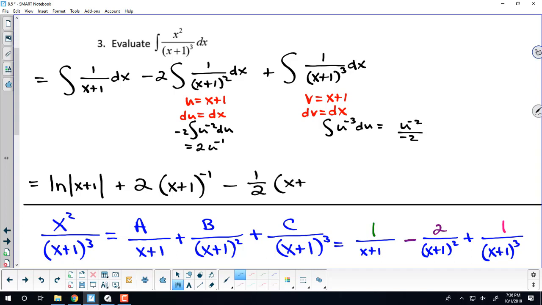Sorry, that should be v to the -2, plus c. But that's the idea: now these things are easier to integrate. And that's our result.